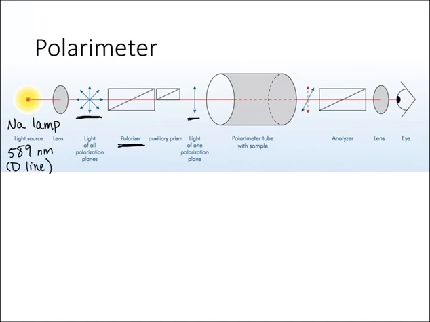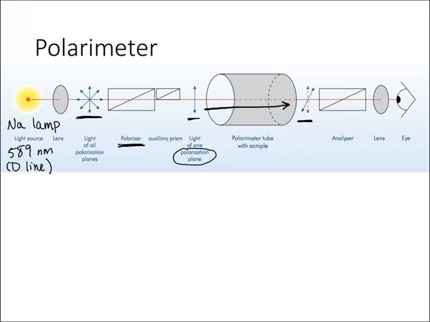Now that one, what we call the polarization plane, passes through a sample in this tube here. If that sample is optically active, it's going to rotate that light in a certain direction by a certain number of degrees. Here at the end of the tube, you can see that the sample did rotate the light slightly.